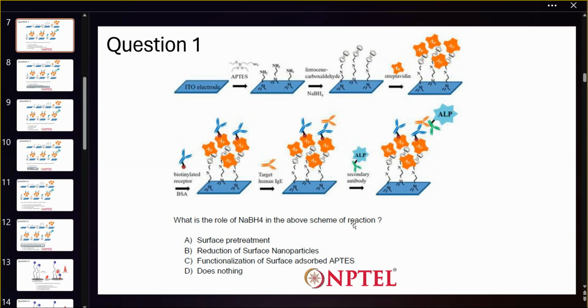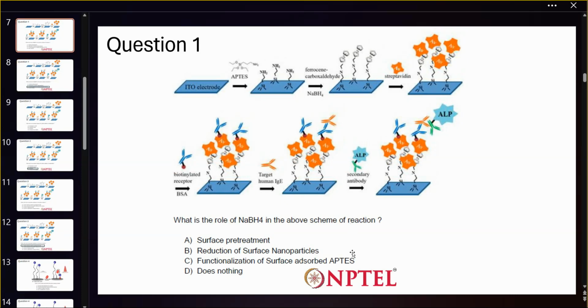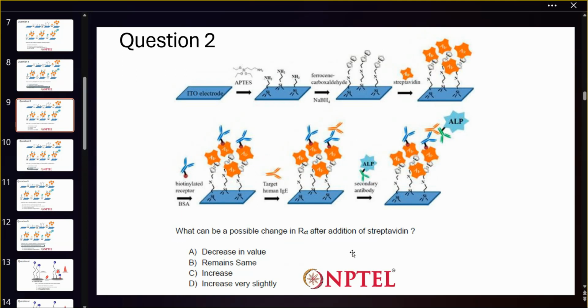So this is the first question: what is the role of NaBH4? As I explained, it is the functionalization of the surface absorbed aptase. Then the second question: what can be the RCT change due to streptavidin? As I said, streptavidin is a very high weight protein.